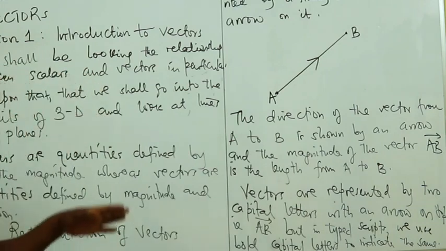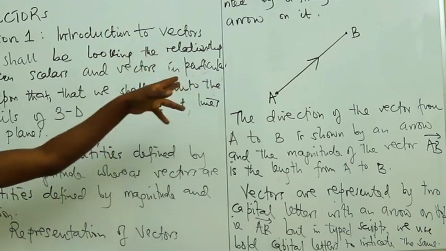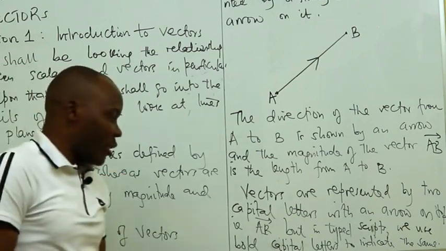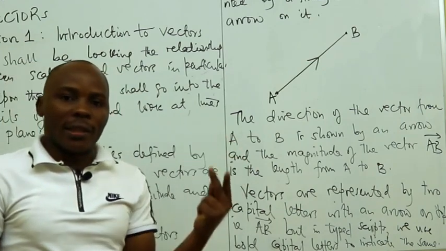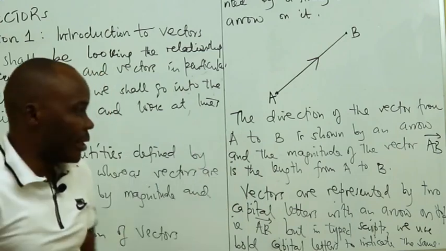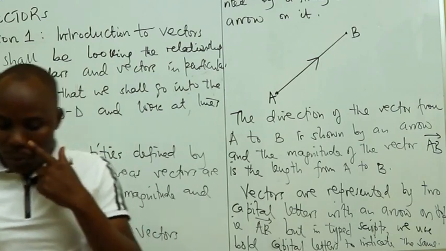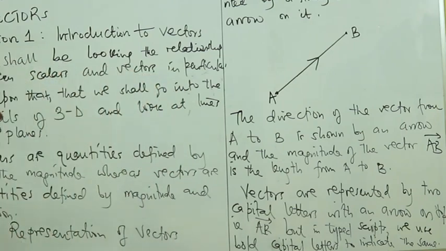I've said when representing vectors without using the graphical way, you can use two capital letters with an arrow on top of them. But in typed scripts, the moment you find two bold capital letters, we are still talking about vectors.